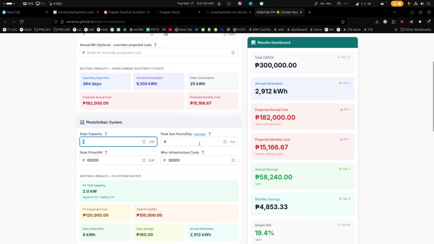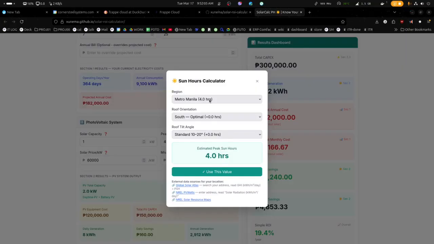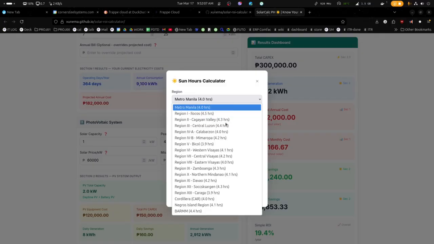You'll notice the peak sun hour. The sun is a bell curve: very low amounts of light at sunrise and sunset, and a very high intensity of sun at noon, and it wanes before and after. There is a calculator that allows you to use the latitudes of the different regions so that you can calculate how many sun hours there are.